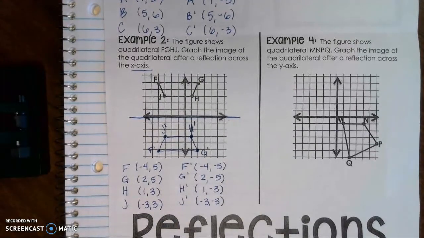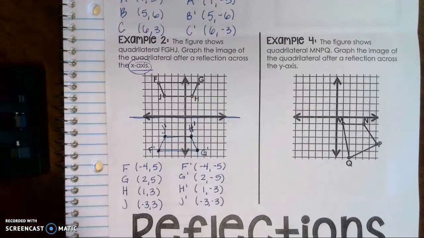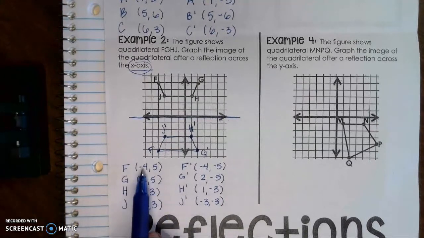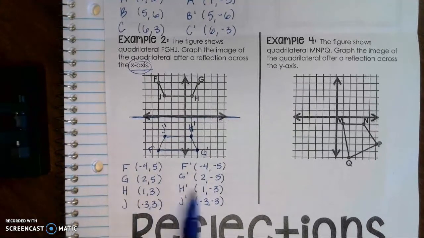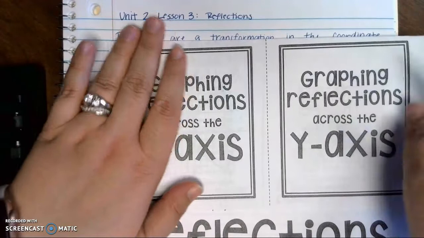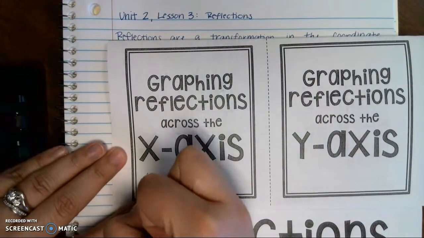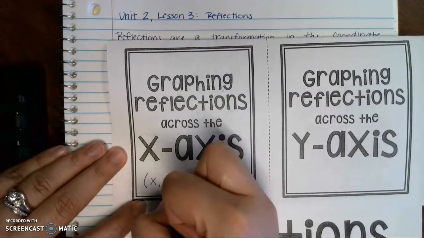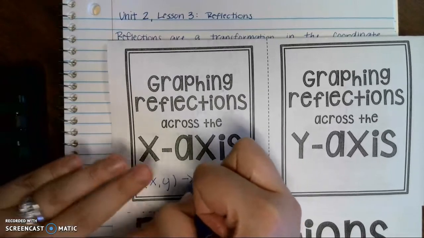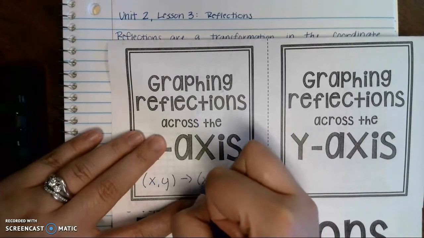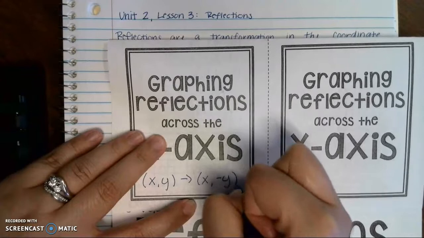So each time when I reflected across the x-axis, my x-coordinate stayed the exact same, but my y-coordinate changed to the opposite. So on the front of my foldable I'm going to write down that (x, y) changes to (x, the opposite of y).